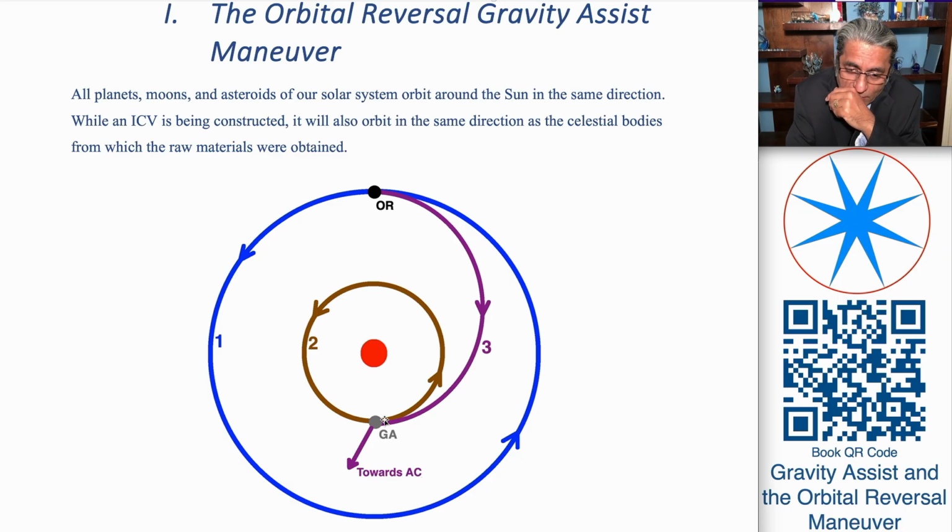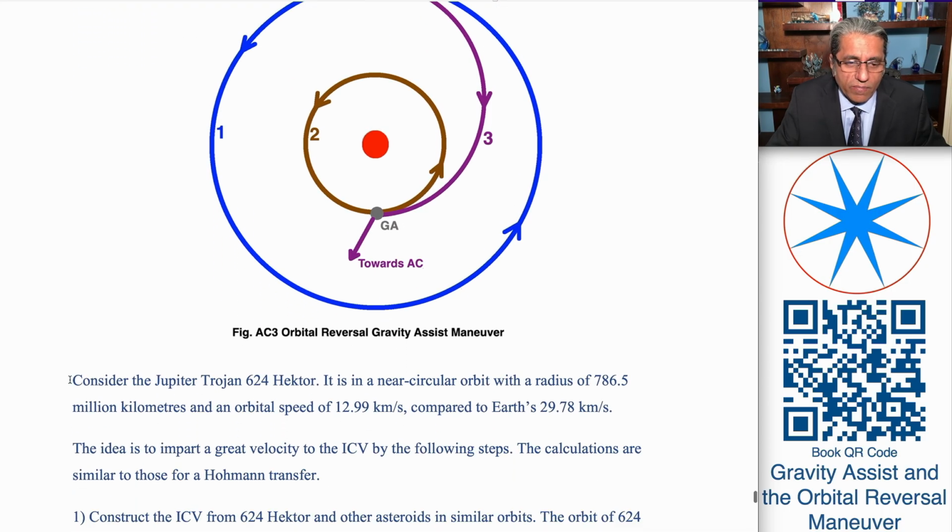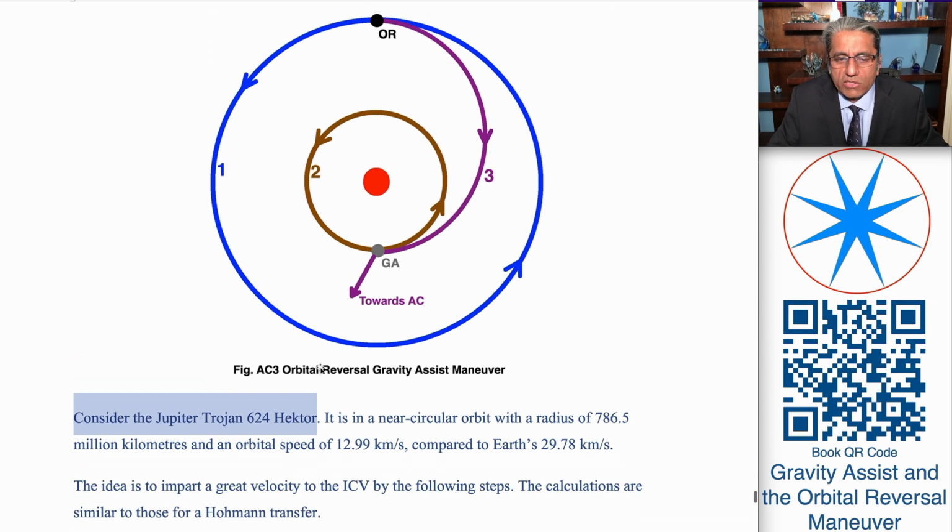Okay. So some other details: this spacecraft was assumed to have been assembled from the Jupiter Trojan 624 Hector. Now, why Jupiter Trojan 624 Hector? It explains all that in the book.